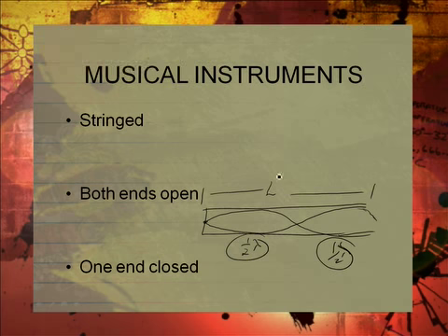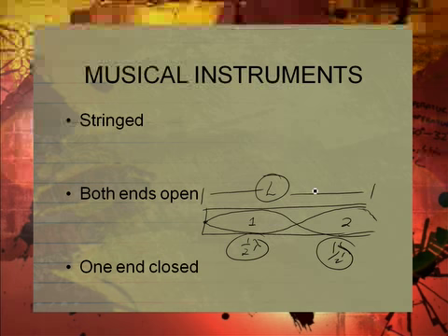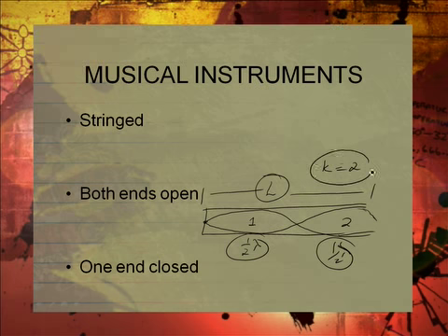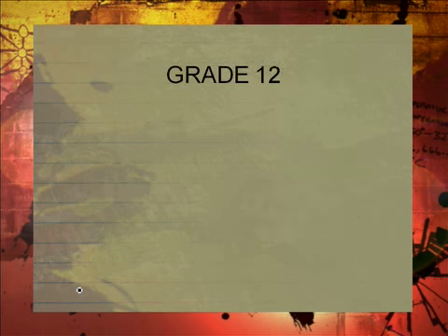You've got a wavelength in one length. And how many standing waves do you have? That's one standing wave. That's another one. So you've got 2 standing waves there. So your k there would be equal to 2. Okay, so that is more or less what it is with regard to these musical instruments.